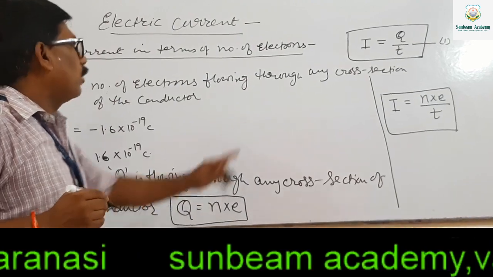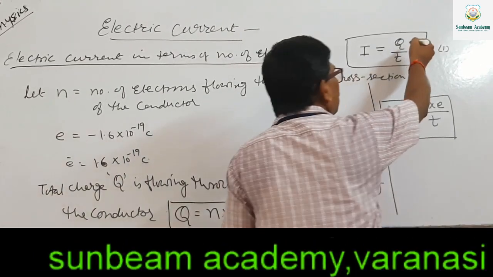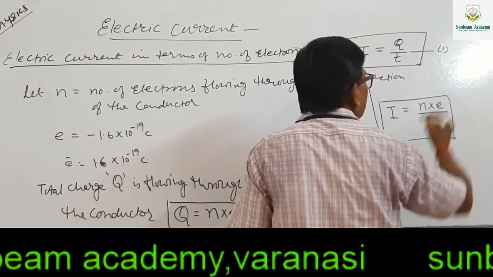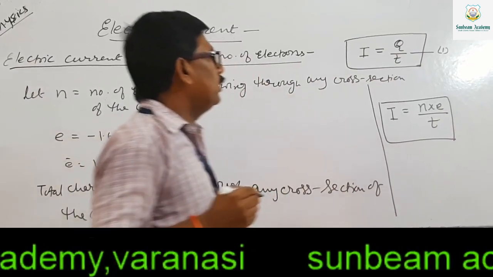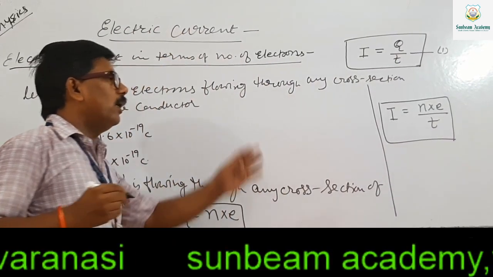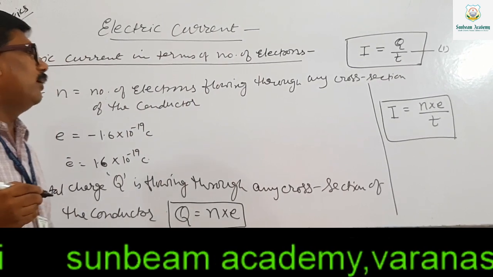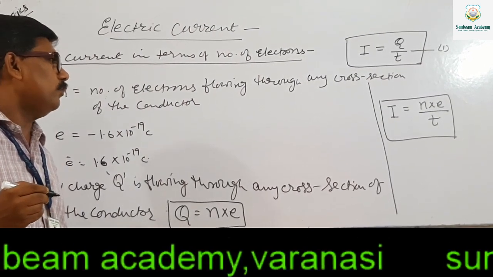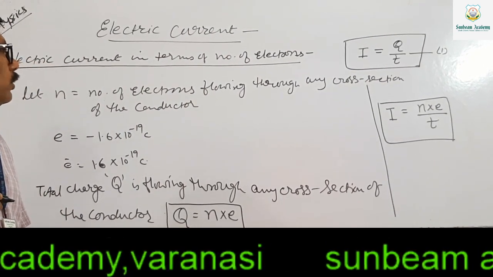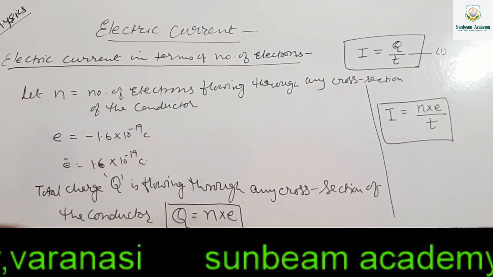So the formula I is equal to Q by T becomes I is equal to N into e upon T. This is another formula of electric current. If you want to write it, you can write it.